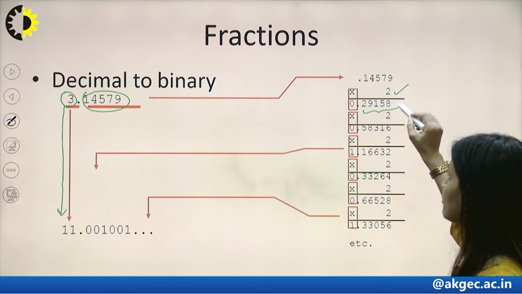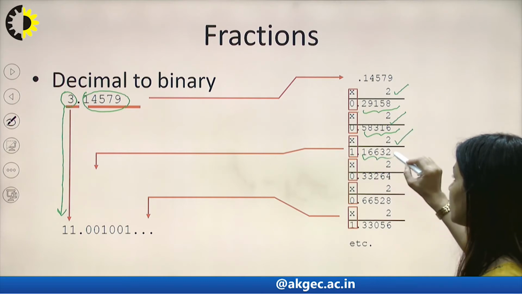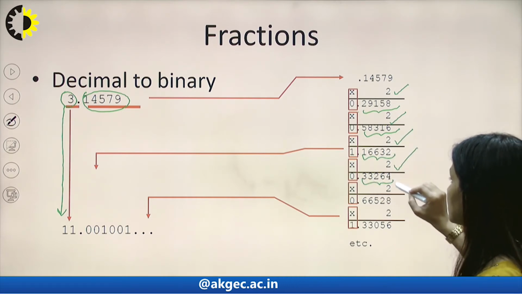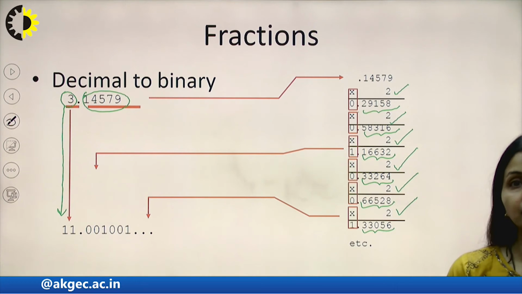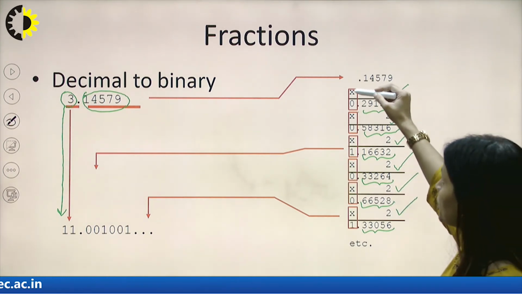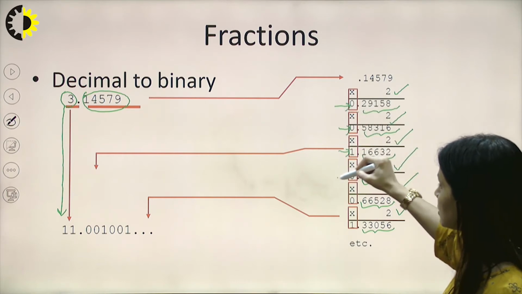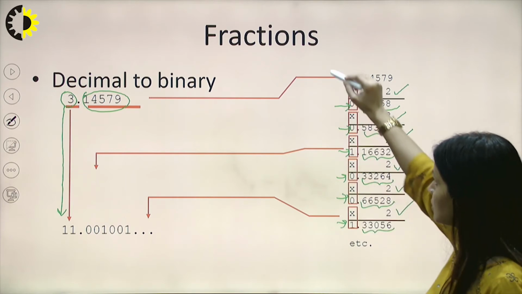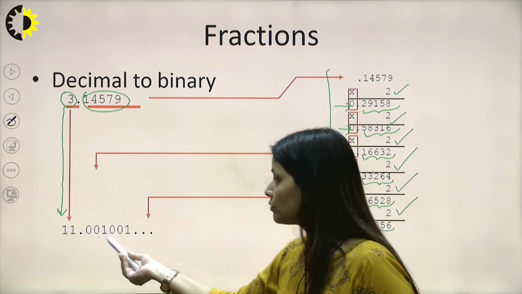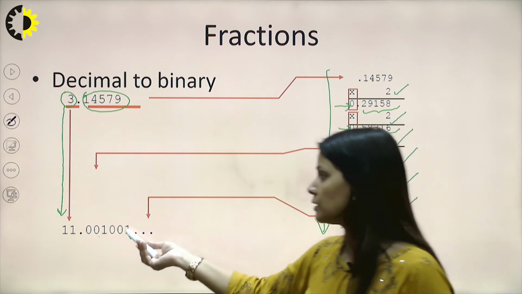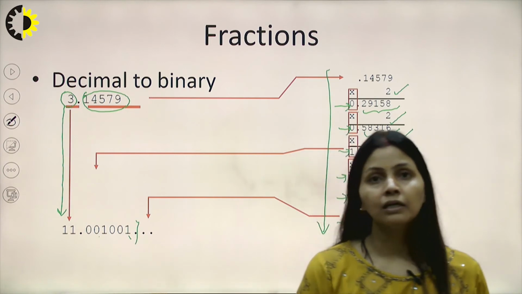Again this decimal part will be multiplied by 2, and again, and again, and we can proceed like this. Noting down the bits which are coming, we write 0 0 1 0 0 1, 0 0 1 0 0 1, and that can be continued. But if we want, we can terminate at any point.